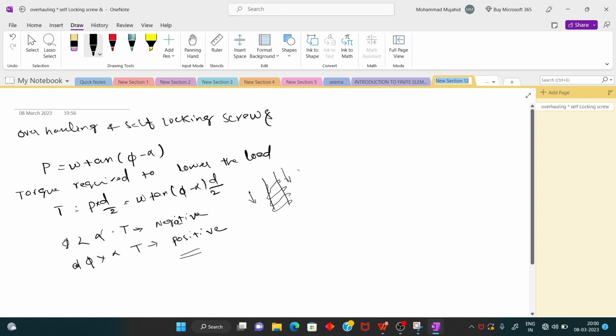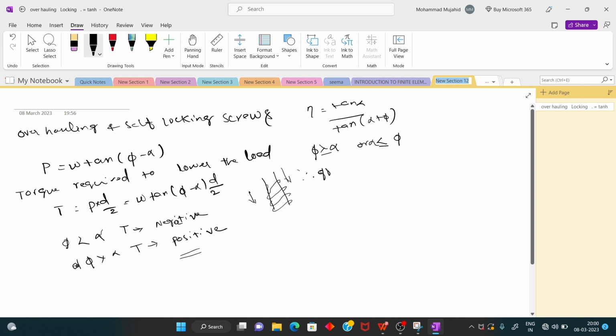Next, efficiency of the self-locking screws. We know that efficiency of the screw is tan alpha by tan of (alpha plus phi). For self-locking screws, as we have discussed, phi is greater than or equal to alpha, or alpha is less than or equal to phi.